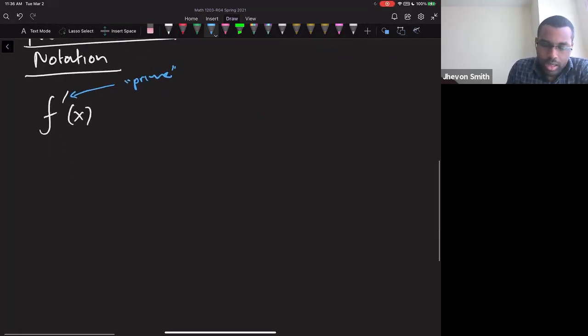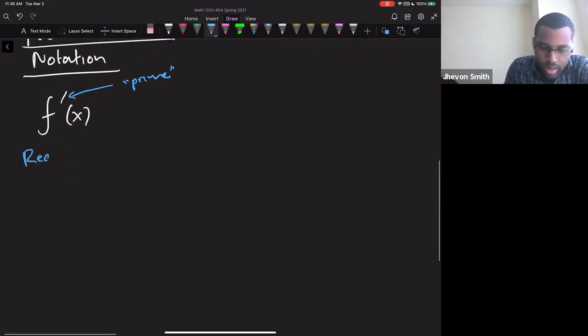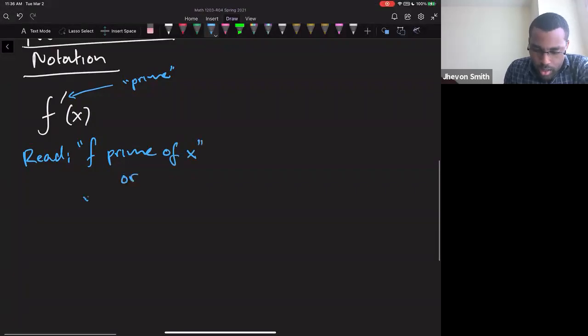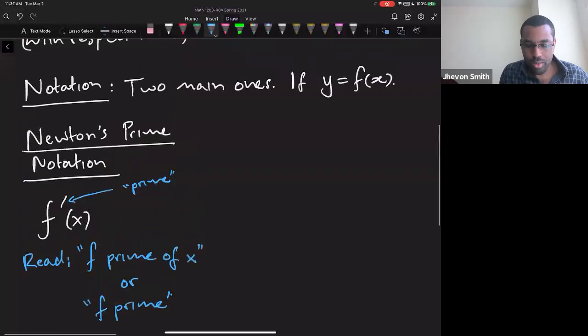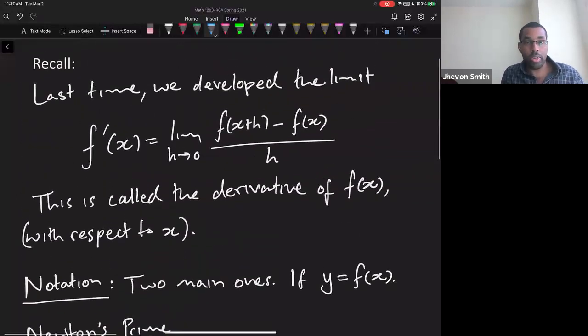And it's read f prime of x, or just f prime for short, right? And it really just means the derivative. It is the derivative with respect to x, right? And that's the guy I put in this thing here.